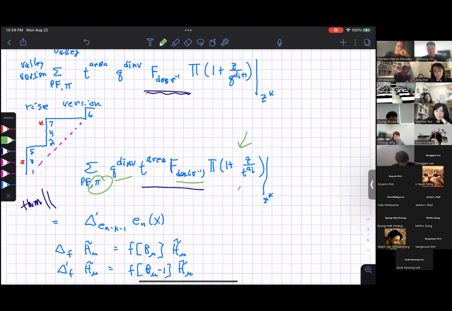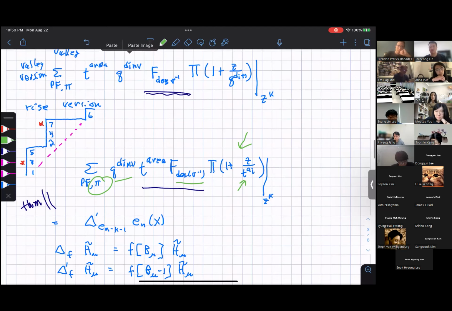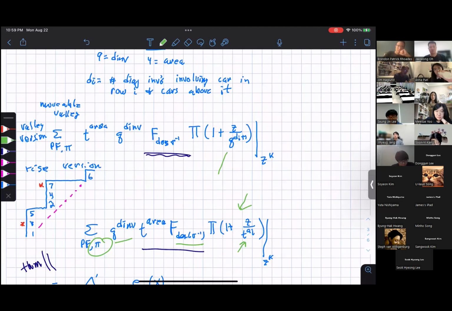Now, what happens if you take away some of these? Well, you're not changing the path, you're just taking away some of the areas. So you're still getting an LLT polynomial. All you're doing is changing the area. But in the valley version, when you start to remove these dinv's, not only are you not getting an LLT polynomial anymore, you're not getting anything that we recognize as a symmetric function.